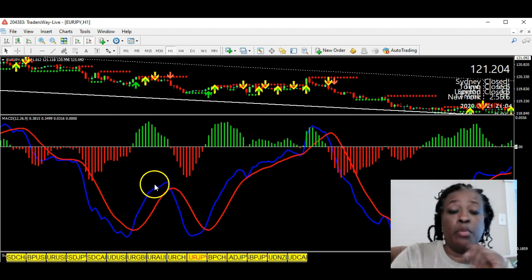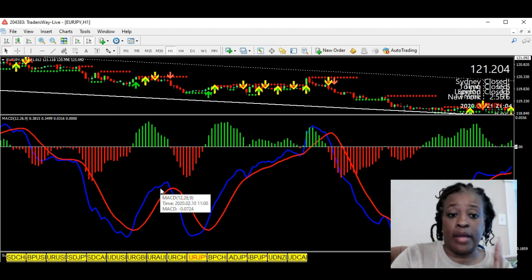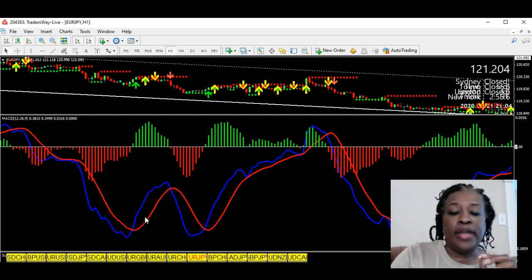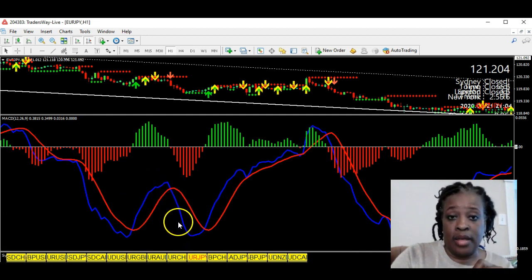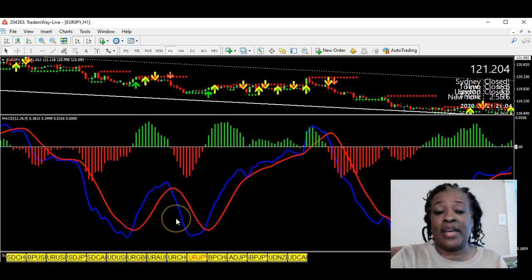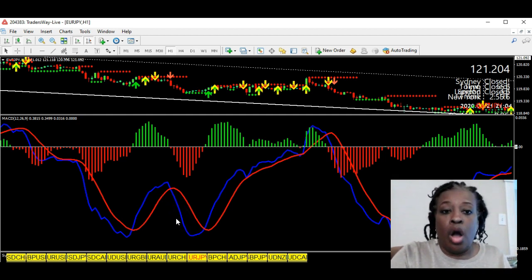Okay, let me back up. With the moving averages, the blue, the MACD, represents the buyers, and the red represents the sellers. When the MACD, the blue line, crosses below your red line, then what that says is the buyers are losing strength. The sellers have gained strength.